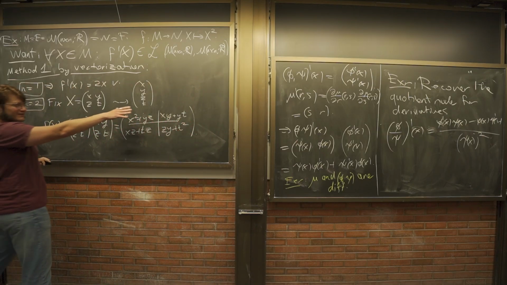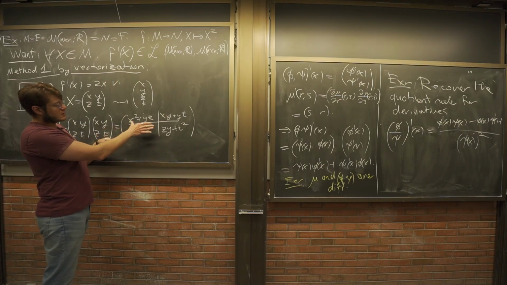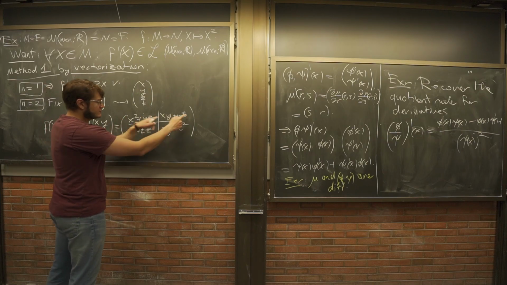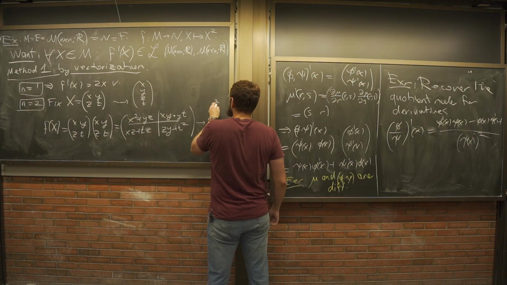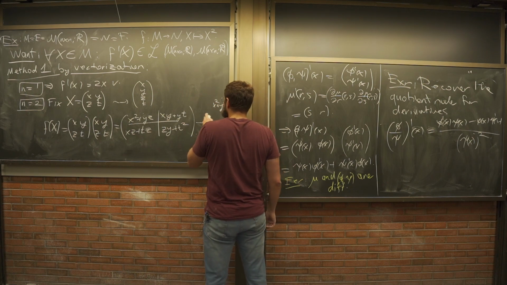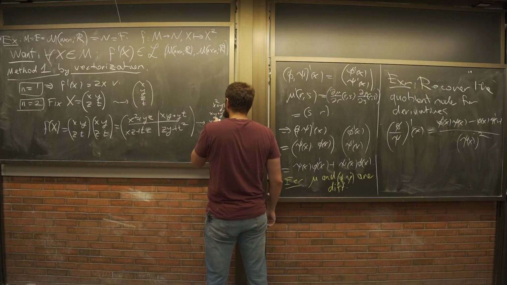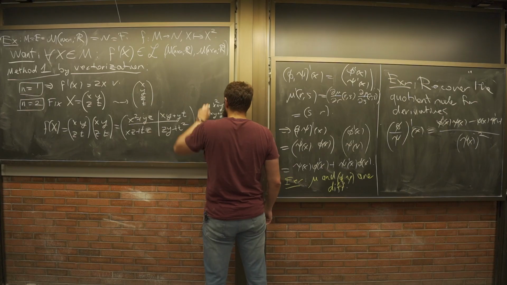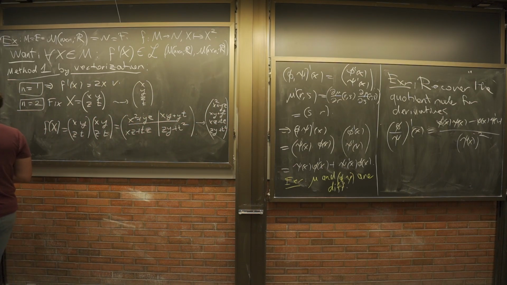And so in terms of vectors, f of x is nothing but the 4 by 1 matrix with entries x squared plus yz, xy plus yt, xz plus tz, and zy plus t squared. Are we happy so far?